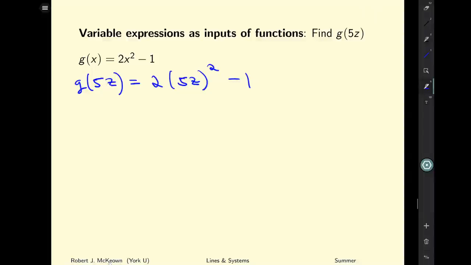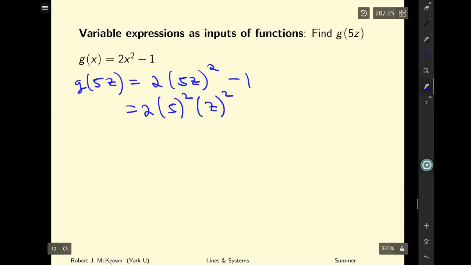Now I'm going to expand this expression. I've got 5 squared z squared. Notice that the exponent comes into both the factors. Both the 5 and the z are going to be squared, and the minus 1 stays outside of everything.